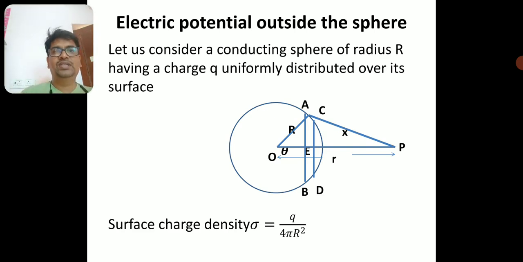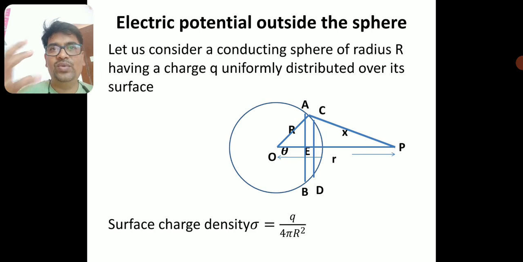Fine. If I have to go for a charge density, the surface charge density, which I call by the symbol sigma, sigma is equal to Q by surface area. Surface charge density is charge per unit area.